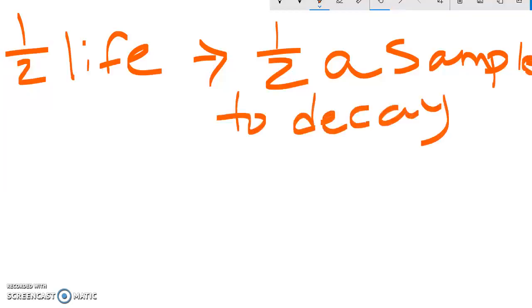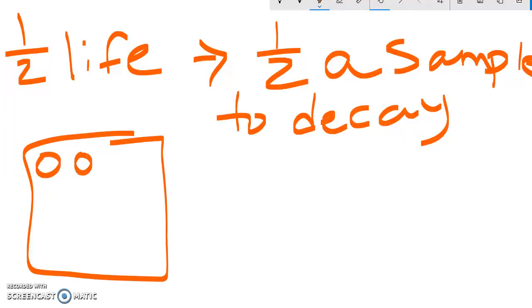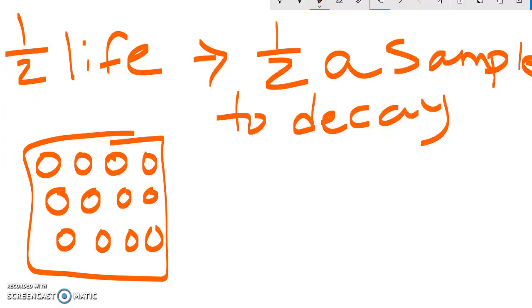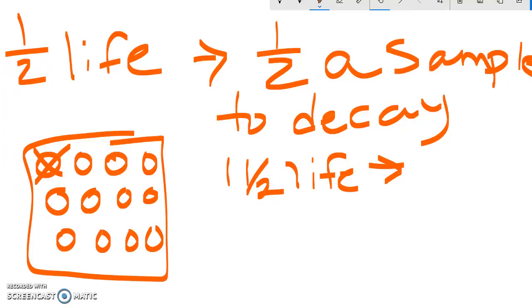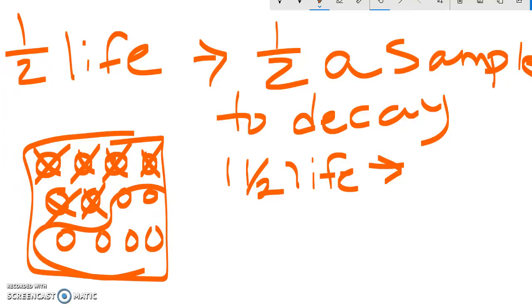Okay, so if I have a sample, and let's say it has 1, 2, 3, 4, 5, 6, 7, 8, 9, 10, 11, 12, and let's say that we have one half-life. So after the first half-life, you would have half of it left, which is 6. So 1, 2, 3, 4, 5, 6, and you have 6 left over after the first half-life.